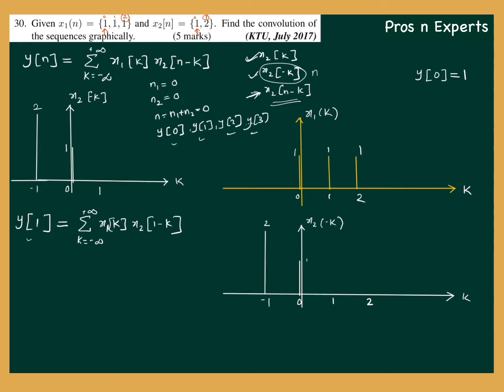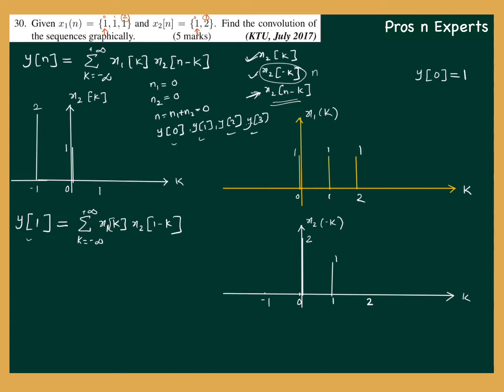This is x2 of minus k. How will you find x2 of 1 minus k? Just simply shift x2 of minus k by 1 unit. To where, left or right? Right. One unit to the right, because n is 1, a positive value. So let us shift x2 of minus k 1 unit to the right.